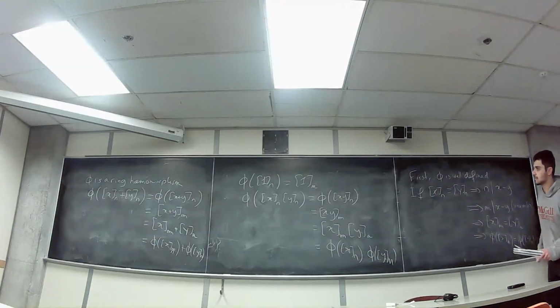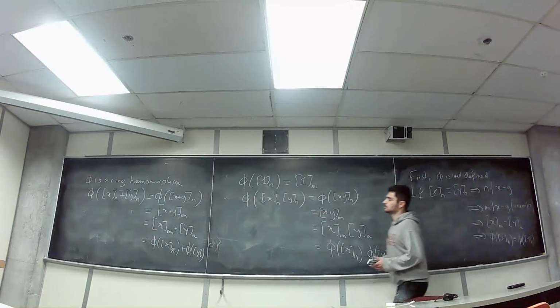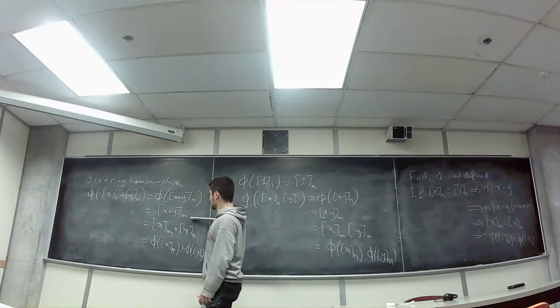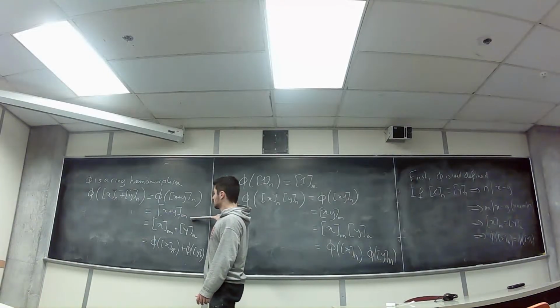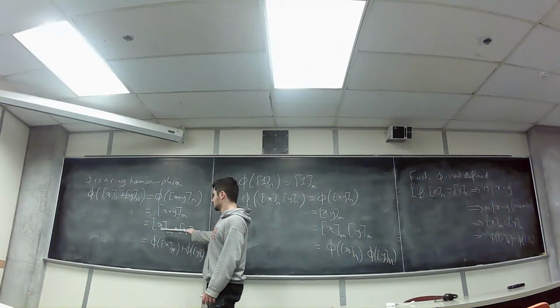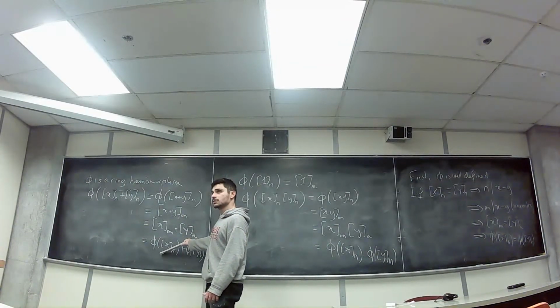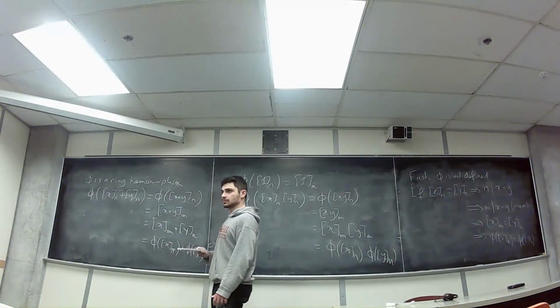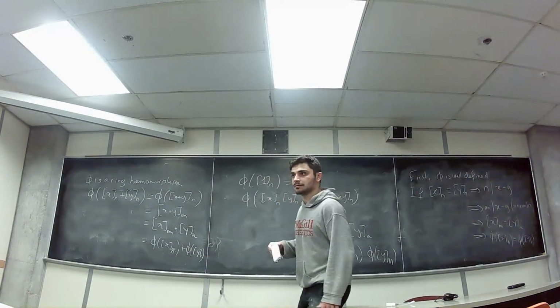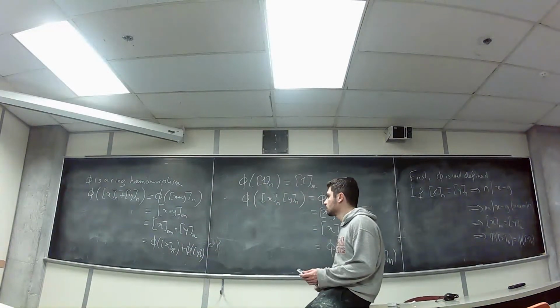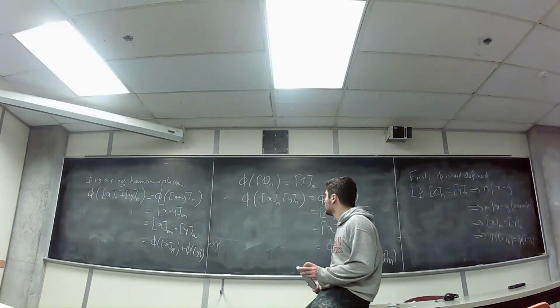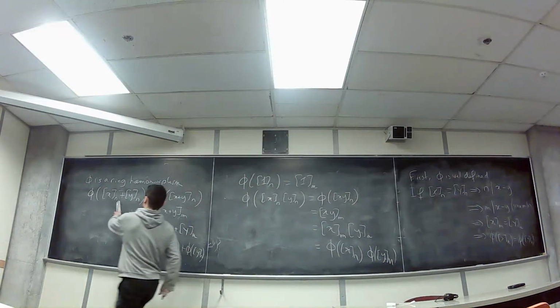When you went from the residue class x mod m and y mod m, you went straight to phi? By definition of phi. No, I know, but isn't it the other way around? No, I'm applying phi to z mod n, right?